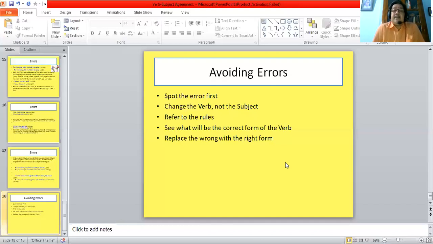This subject-verb agreement is important in speaking, and it is also equally important in writing. So don't think that it's only in writing that you make these errors. People also tend to make a lot of errors in subject-verb agreement while speaking. So these kinds of errors have to be dealt with, because they are going to reduce our communicative competence if they tend to occur too often.